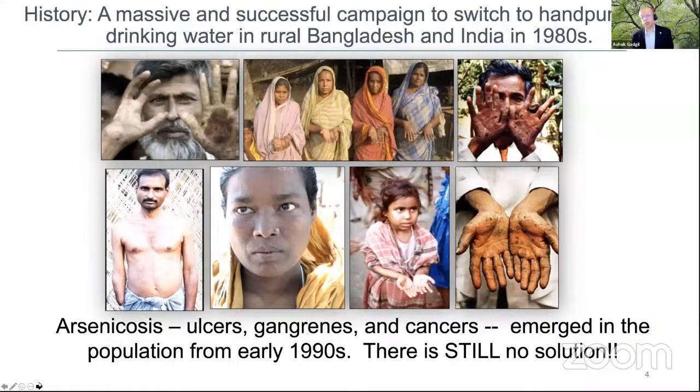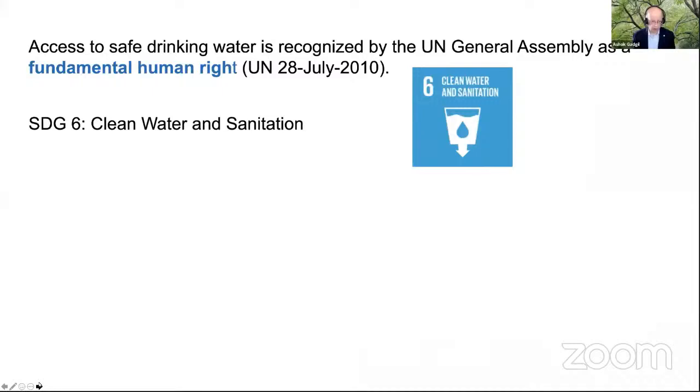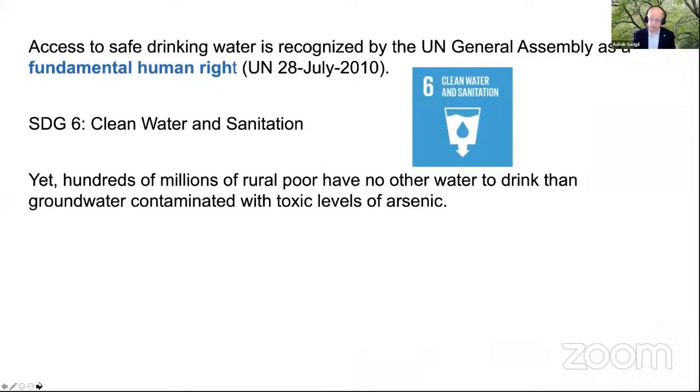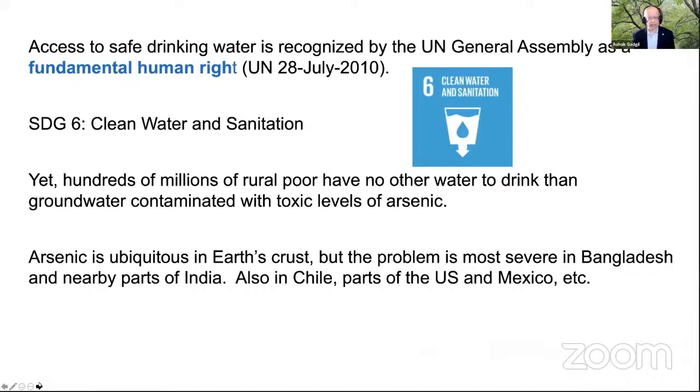Access to drinking water is recognized by the UN General Assembly as a fundamental human right, and Sustainable Development Goal number 6 supports clean water and sanitation for all. Even then, hundreds of millions of poor rural people have no other water to drink than groundwater contaminated with arsenic.